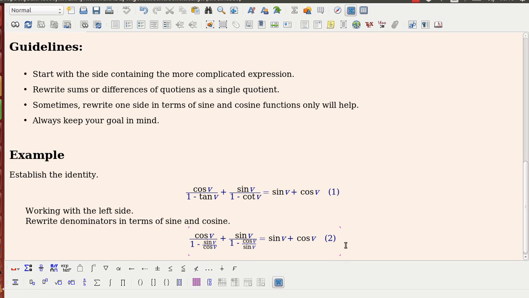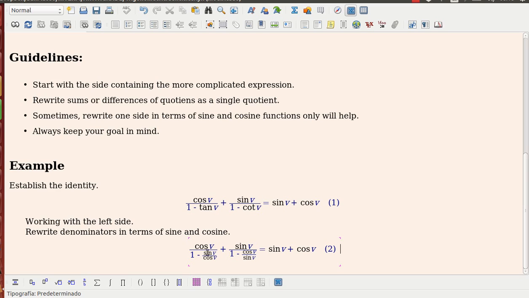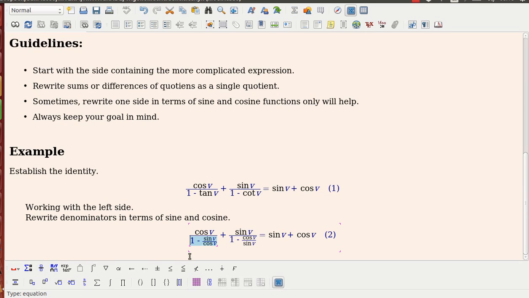As you can see, this expression is pretty difficult to work with in this case, so I'm going to take it away and work with that, and when I finish I will put it back in. So I'm going to move it.